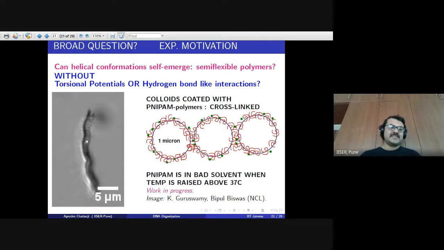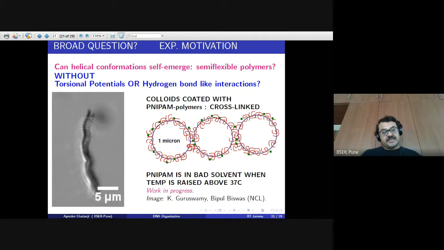And this is a picture of such a chain, except that what they did is put this polymeric chain made of colloids in a bad solvent. So basically the polymers on the surface want to avoid the solvent, and it basically took up a helical conformation. And the question is how and why.